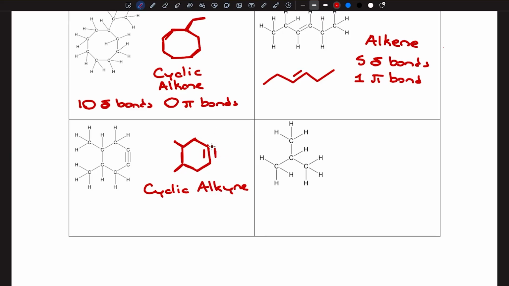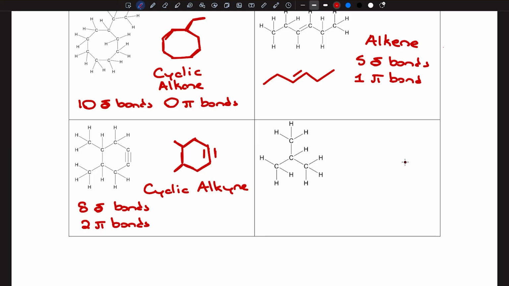This is kind of a sneak peek into something in the future that we're going to speak about. But there's a very big reason why these cyclic alkynes do not like to exist. And you should be able to get 8 sigma bonds and 2 pi bonds.